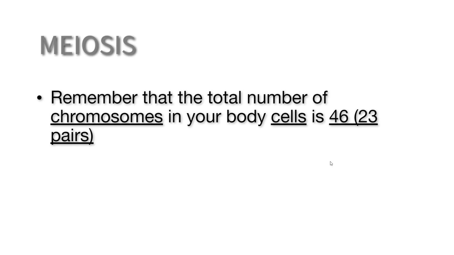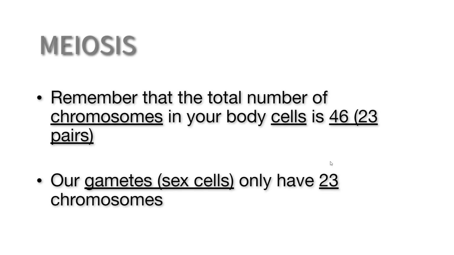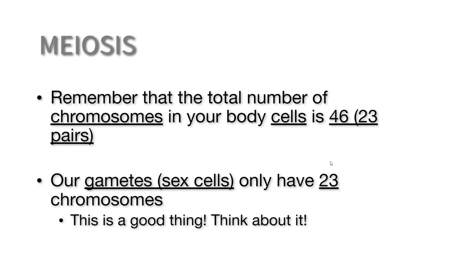That's 23 pairs, okay? Our gametes only have 23. So those sex cells, they only have half the number. And hopefully that should make sense to you because you remember you're getting 23 from mom and 23 from dad. 23 plus 23 is 46.